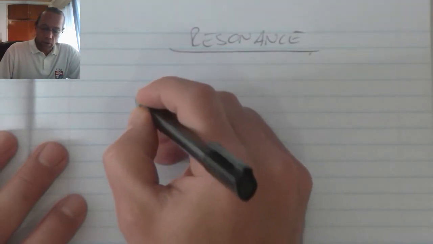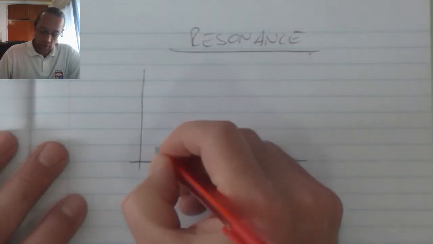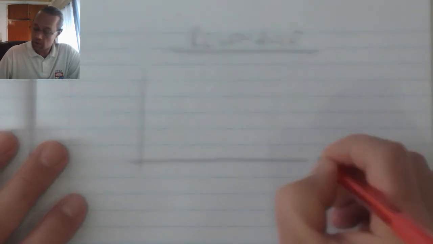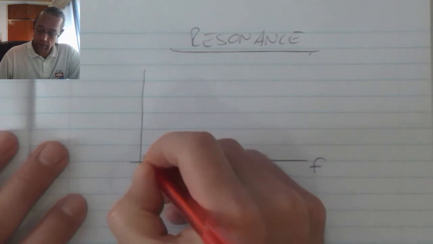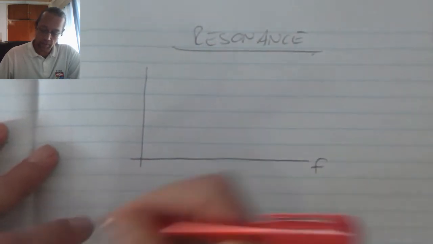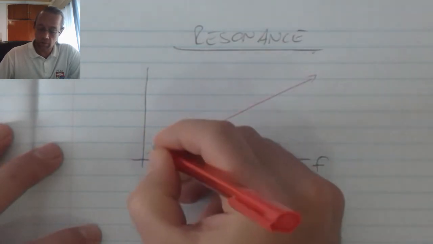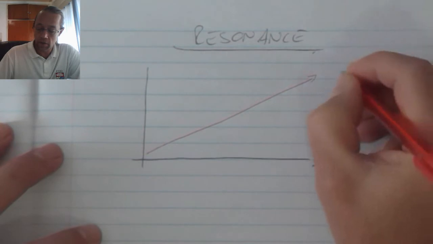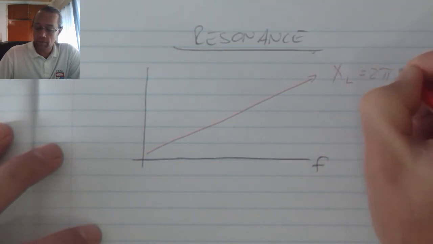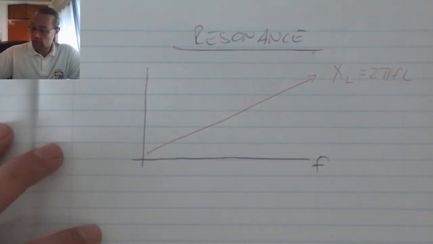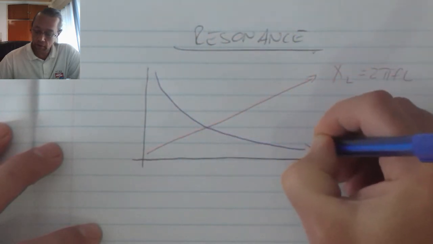Resonance. We saw that with a pure inductor, as we increase our frequency, due to the formula, we get a linear increase in the inductive reactance, and for the capacitor we find that we get a non-linear decrease.